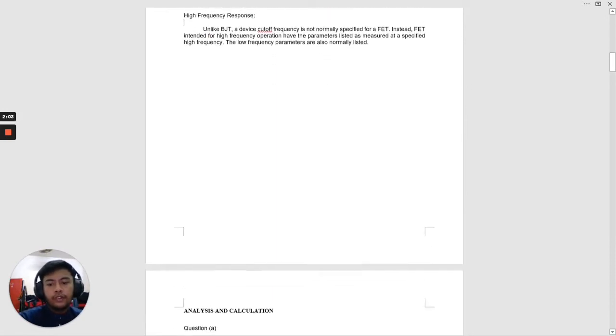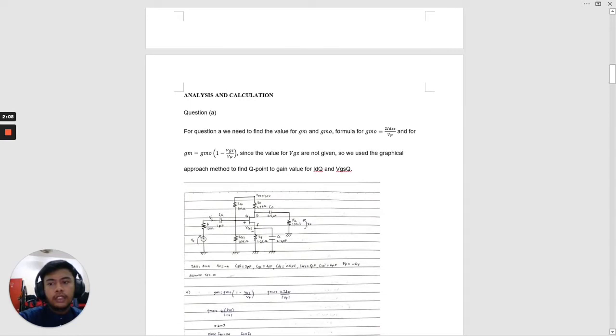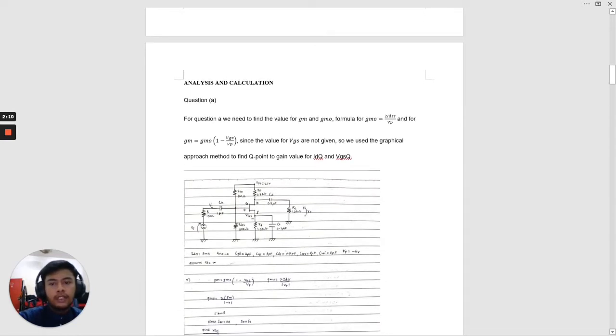And then for analysis and calculation, for question A, we need to find the value for gm and gm0, which is the transconductance. The formula for gm0 is 2 IDSS over VP, and for gm is gm0 times 1 minus VGS over VP.